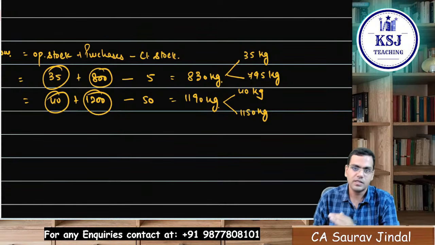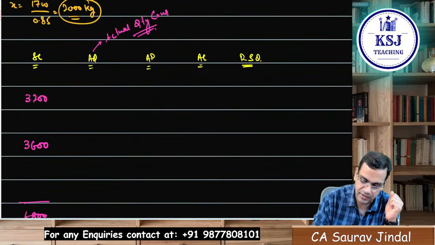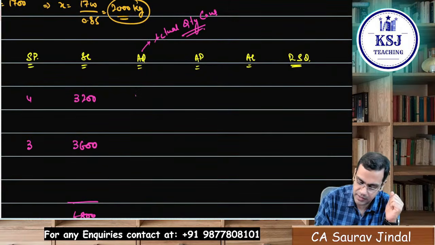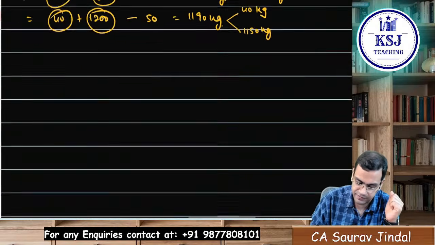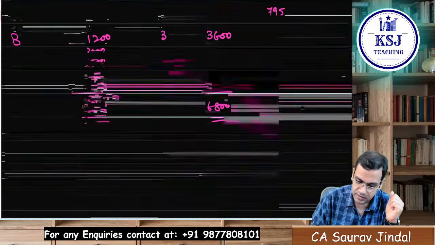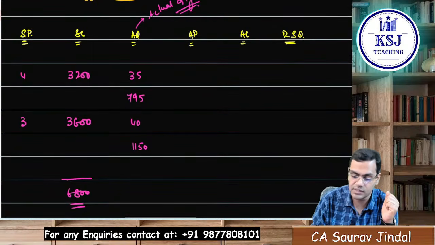Sir, what is the requirement of bifurcation here now? I'll write here actual quantity 35 and 795, and here 40 and 1150. Why am I writing it separately, sir? What is the purpose here?